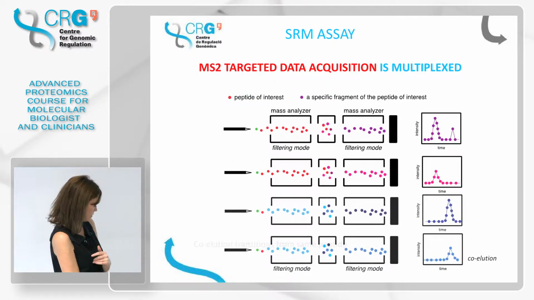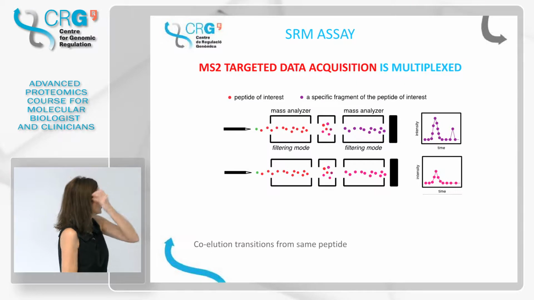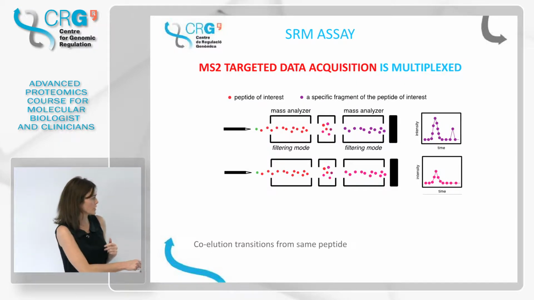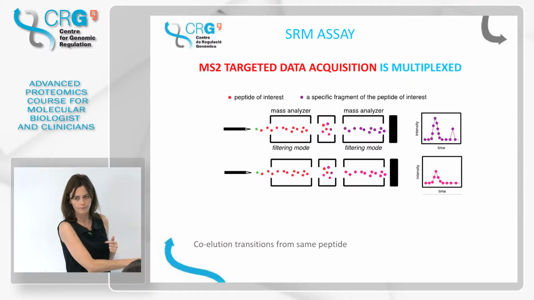if now we would measure a second fragment of this same peptide, we would get this signal that is co-eluting with this one in time. Therefore, we know that our peptide was not this one, but this one.